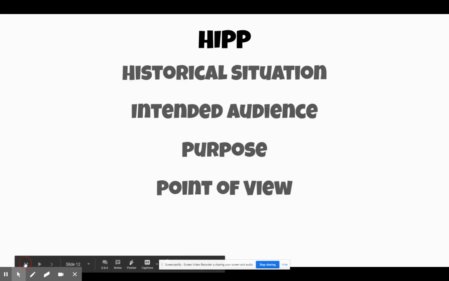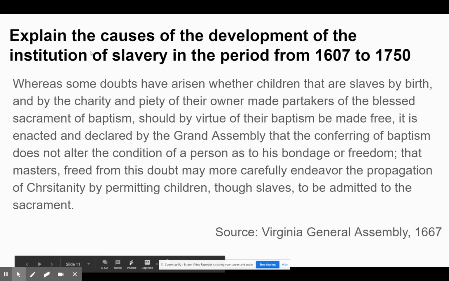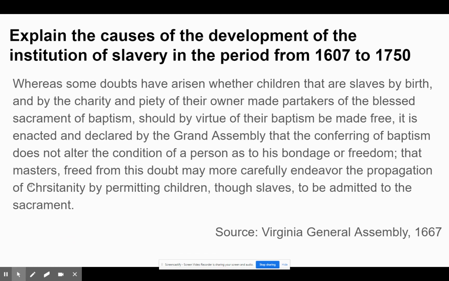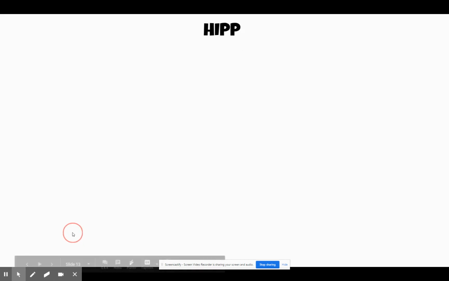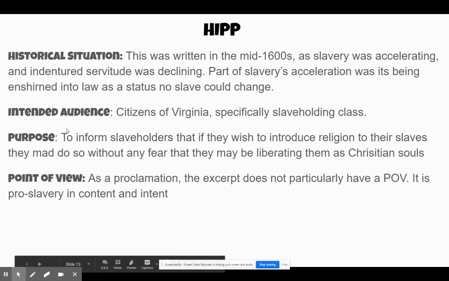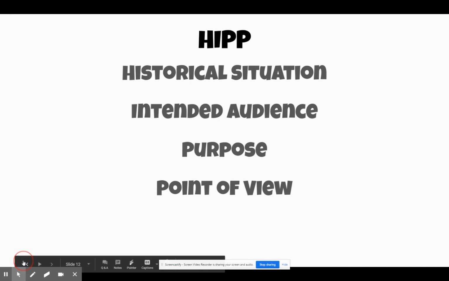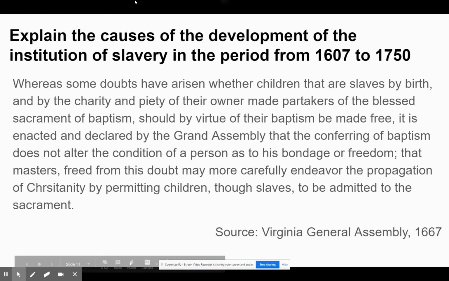So taking this first prompt then, explain the causes of the development of the institution of slavery in the period 1607 to 1750. You can go to this and pick one of these three: historical situation, intended audience, or purpose, in order to connect to this prompt.